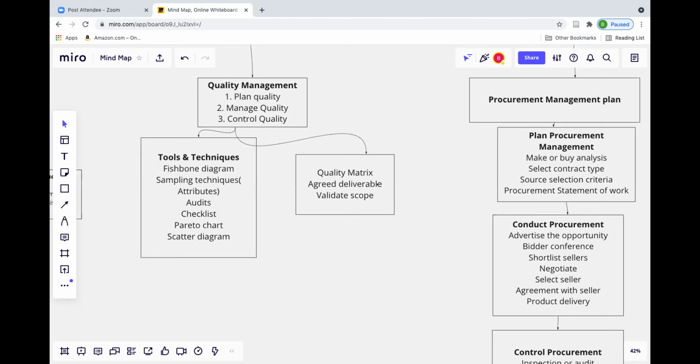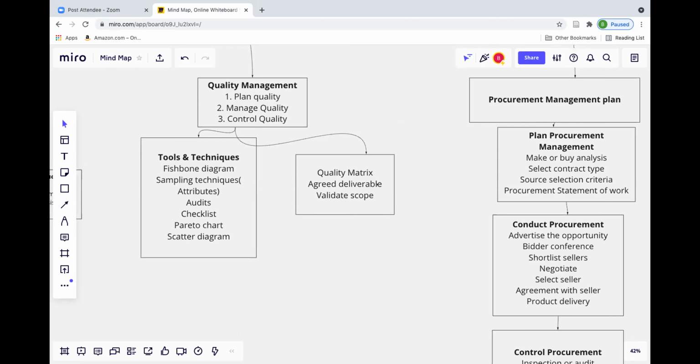Then comes the baseline, which is the scope baseline, schedule baseline, and cost baseline. Scope includes the requirement management plan, requirement document, requirement traceability matrix, scope statement, create WBS, then decomposition, control account, planning package, work package, and the WBS dictionary.